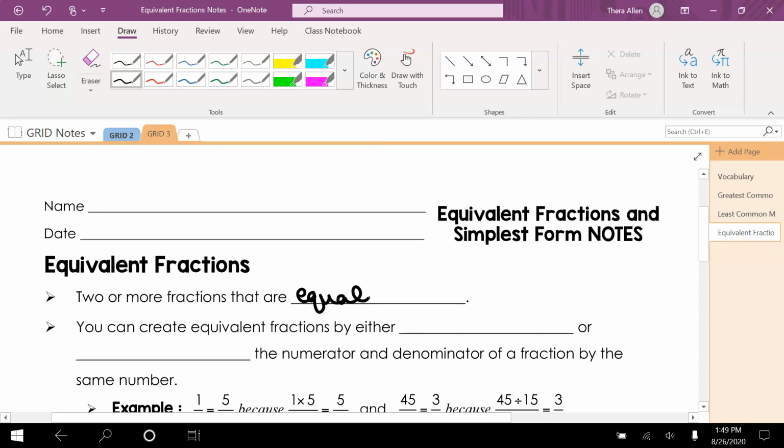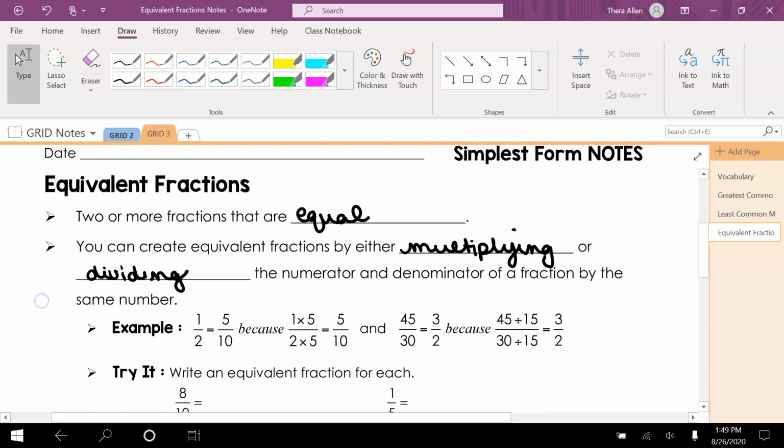You can create equivalent fractions by either multiplying or dividing the denominator and numerator of a fraction by the same number.